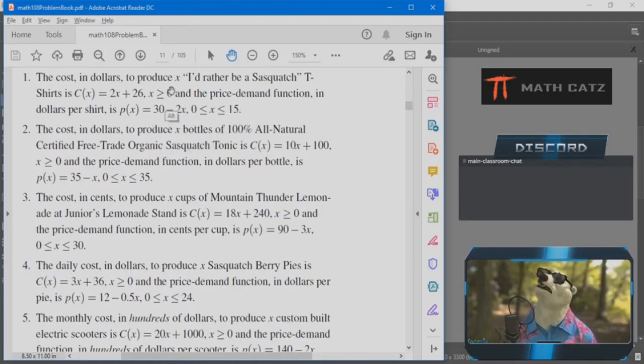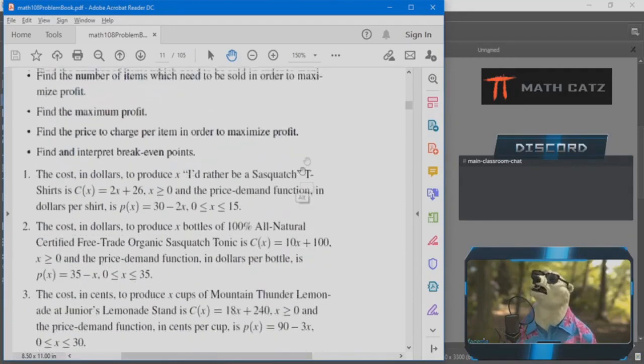Depending on how many I produce, I could flood the market, right? If I produce too many, that changes the demand, and the price could go down. It depends on the item. If I produce very few, then they become rare, and there could be a higher demand for them. Or the demand could stay the same, but people are willing to pay more because there are fewer of them.